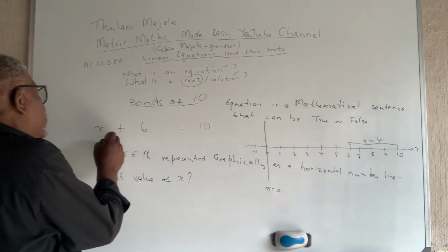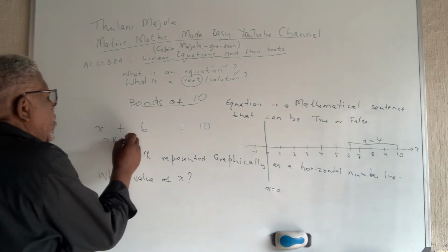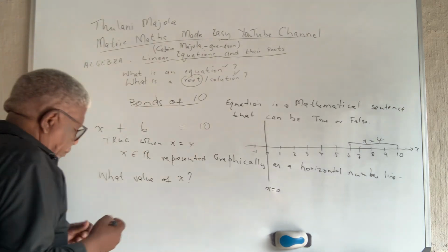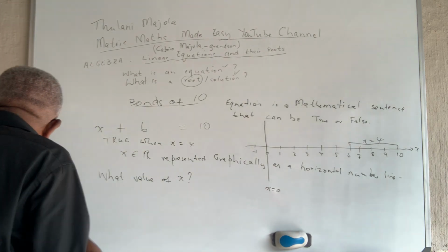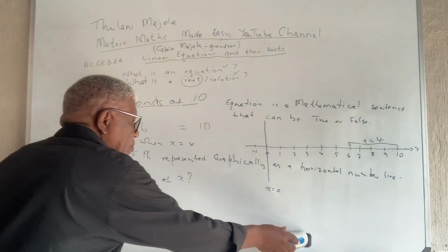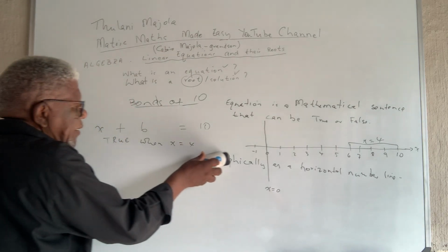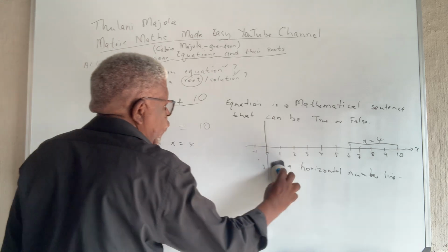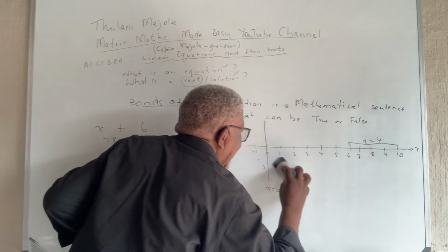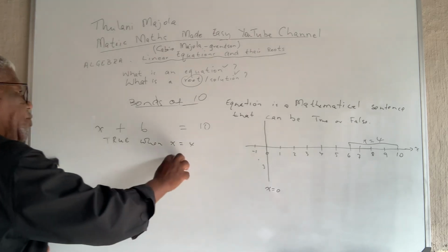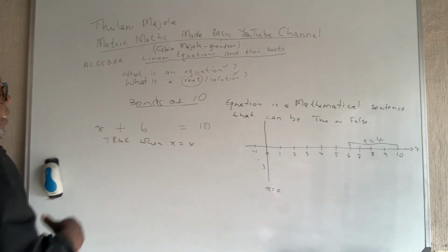So this x equals 4 makes the equation true. When x is equal to 4, then this equation is true.